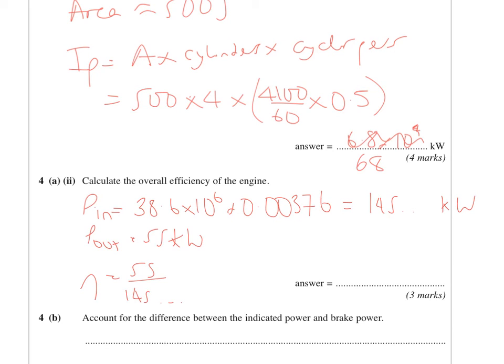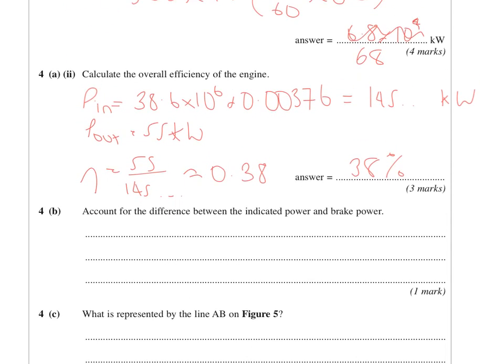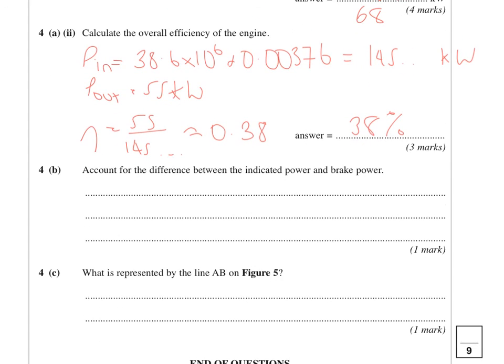So 38.6 times 10 to the 6 times 0.00376. That's your total in. 55,000 divided by answer gives you a 0.38 or 38% efficiency. There. So the overall efficiency is the total power out divided by total power in.